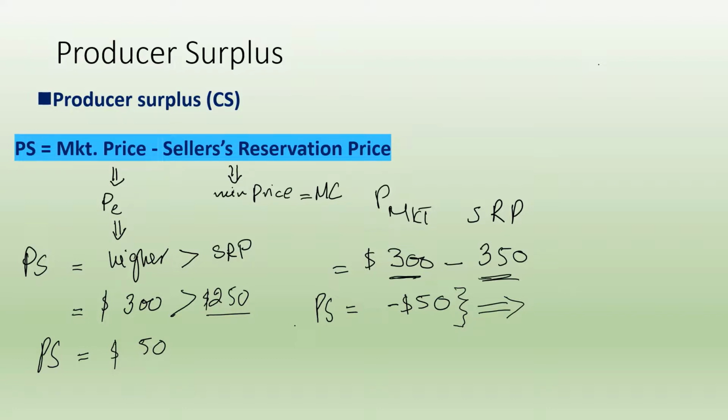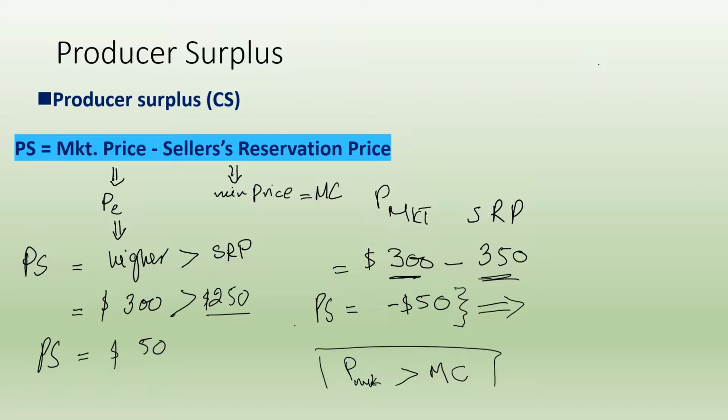This is actually a very simple concept, producer surplus. Here we just have to take the difference between the market price and the seller's reservation price. If this difference is positive, then it means that sellers are actually getting additional benefits, because they are selling at a price which is greater than their marginal cost.